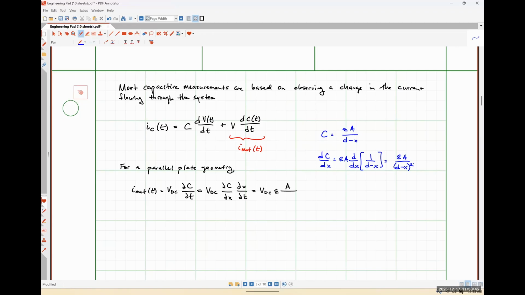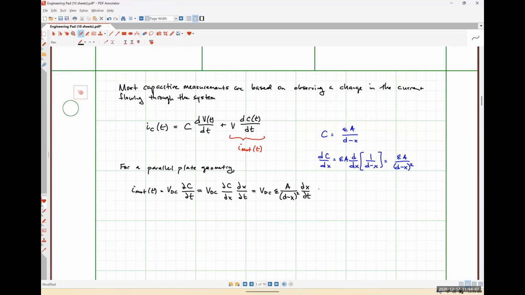Okay, so that's where this guy's coming from. So I'm going to have epsilon A over D minus X squared times the derivative of X with respect to time.